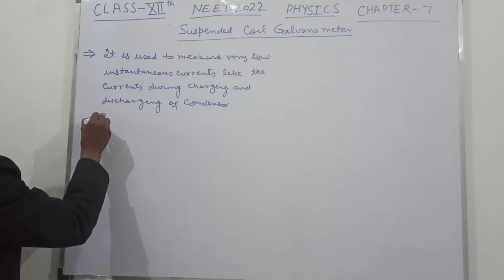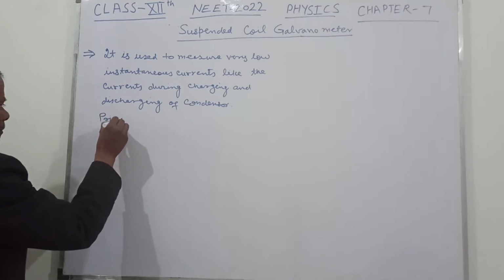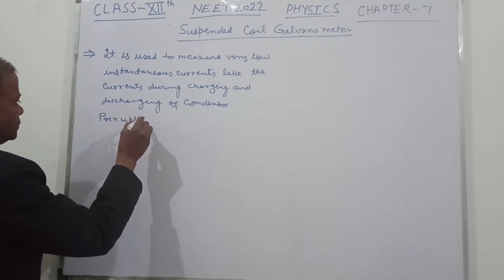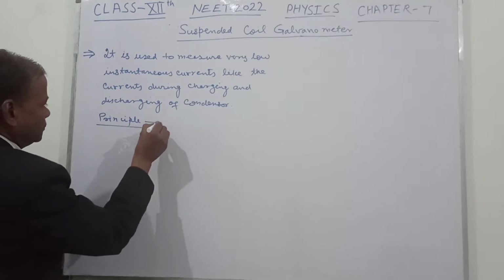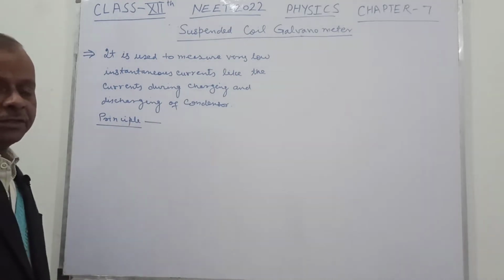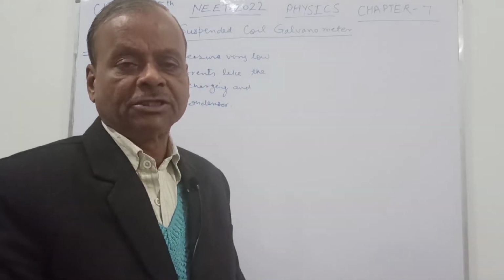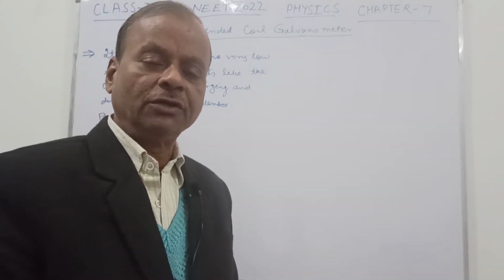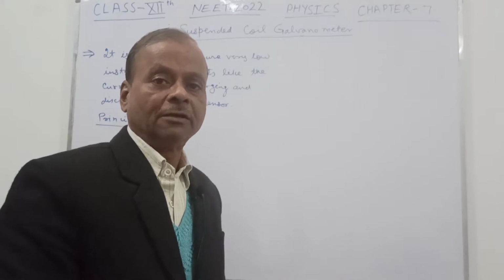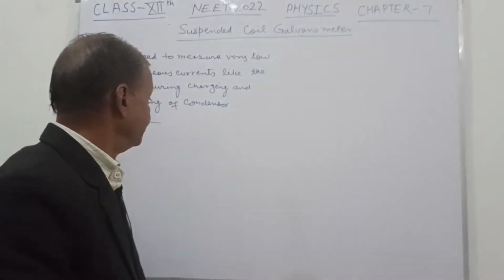So, the principle of this galvanometer is based on deflection due to the current passing through it, and the coil is suspended in the galvanometer, as I told you.